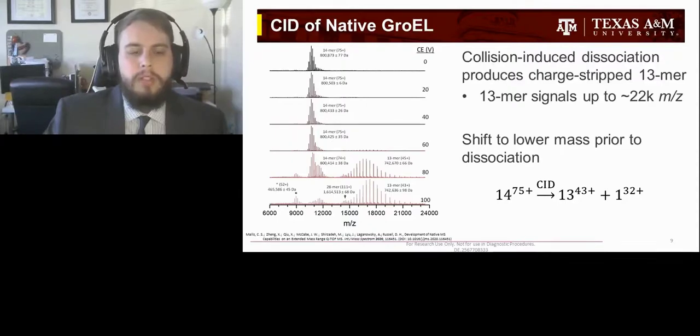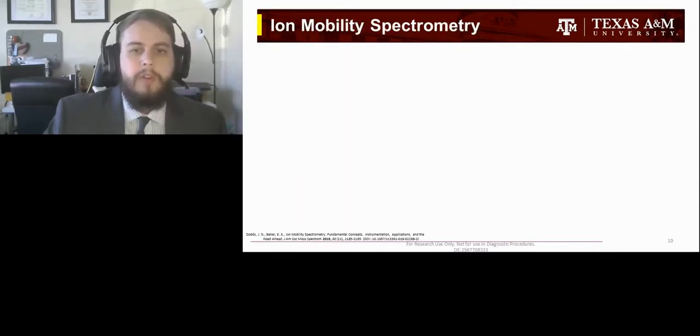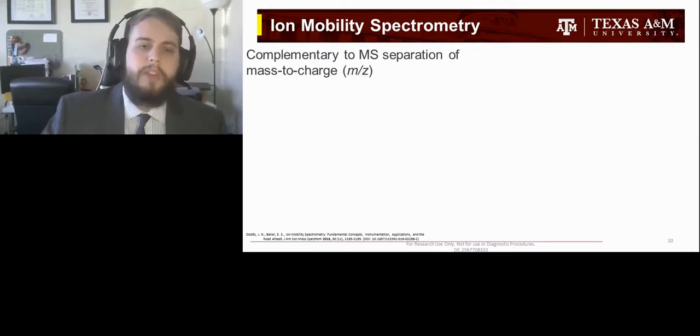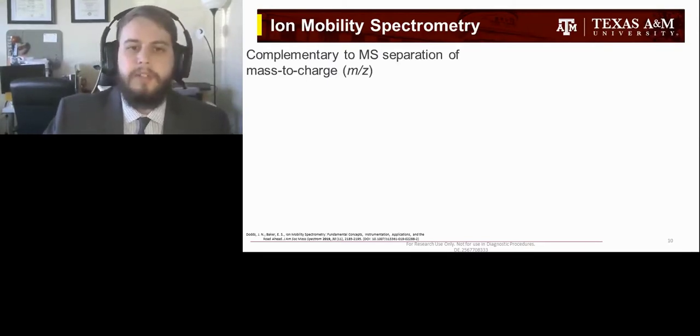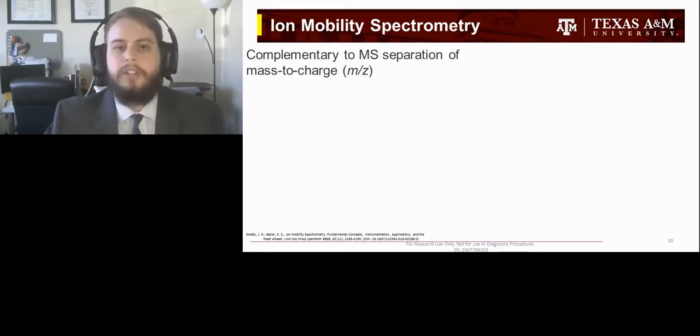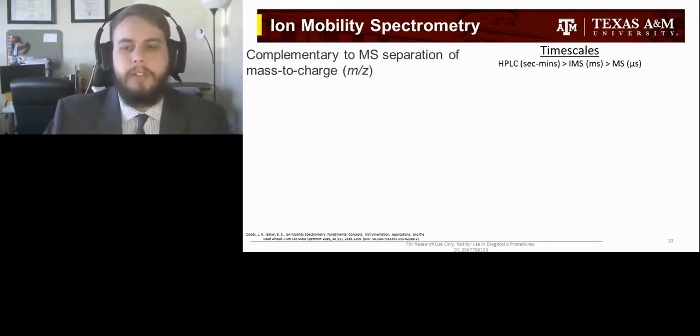So in our lab, this was the work done on the 6545 XT, but one of the focuses of our group is also ion mobility spectrometry. For those that are a bit less familiar with that, ion mobility spectrometry is a very complementary separation to mass-to-charge separation on mass spectrometers.